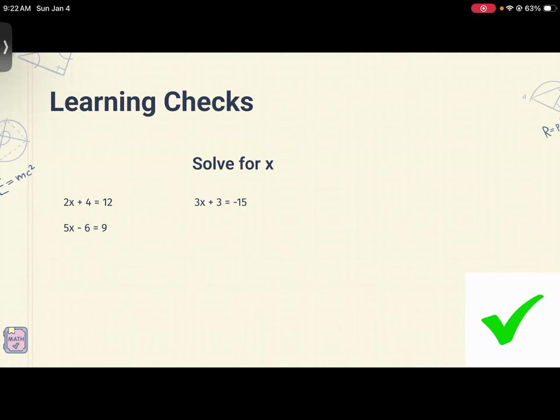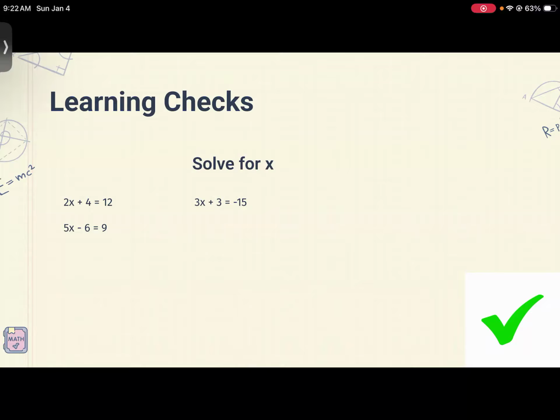Hello. Yeah. The first one is 4. They got the answer 4. Okay, that's correct. Did they solve the second and third one? Then phone to second. For the 5x minus 6 equal to 9, that is 3.